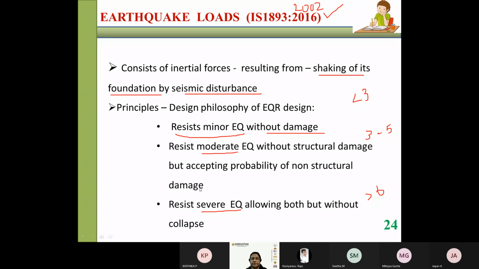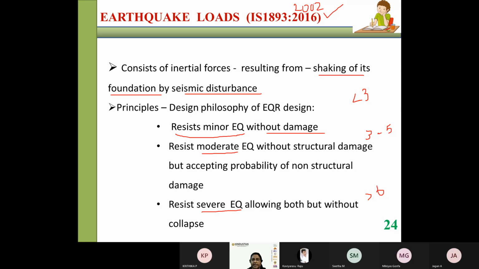That means when a moderate earthquake happens, the building should not have any structural damage. Structural damage in the sense, no structural elements like a beam or column or slab or walls should have any damage.